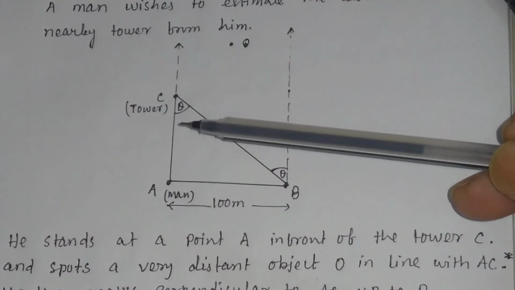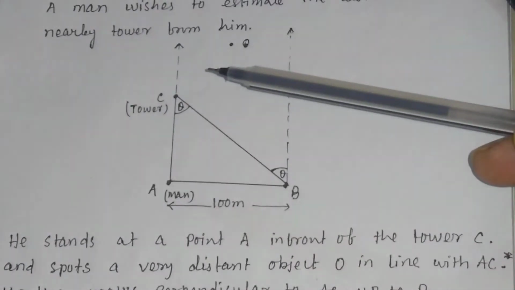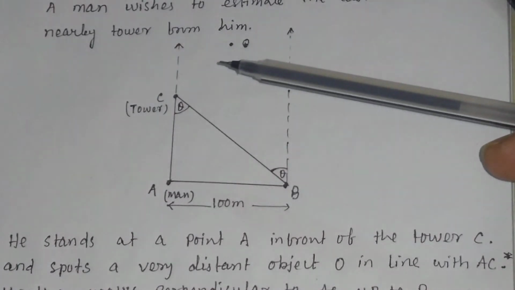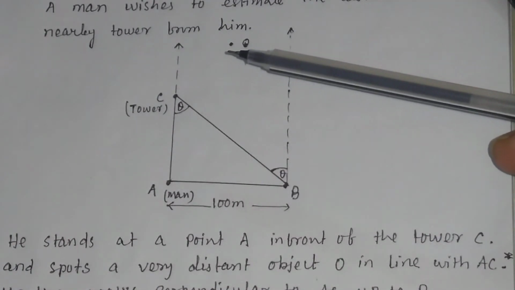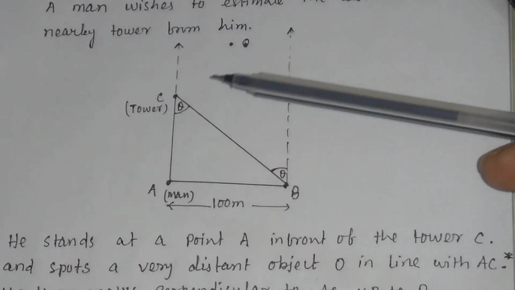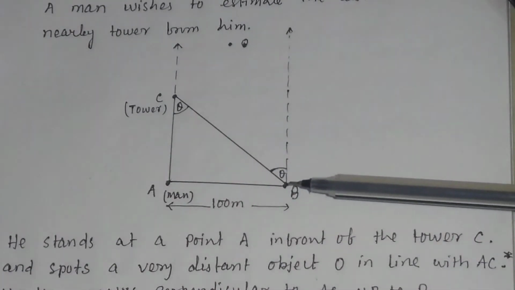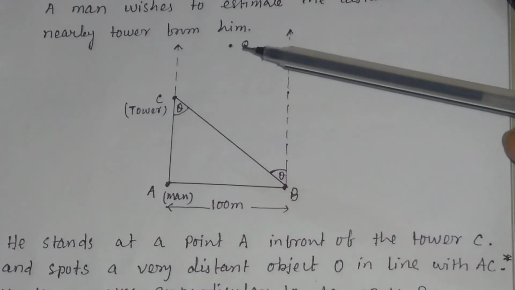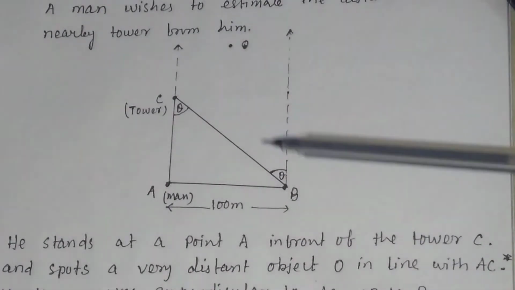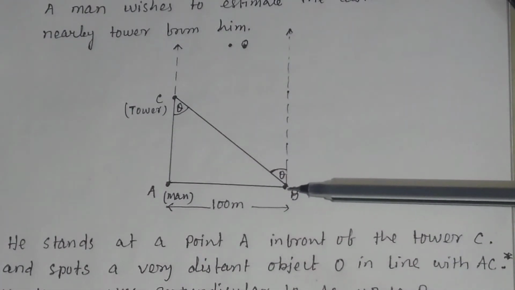So here, why does the man spot a very distant object O in line with AC, and why does the man observe the object O from the position B?